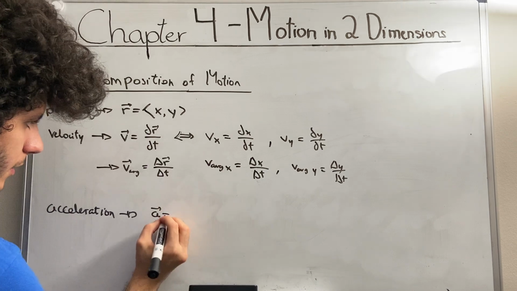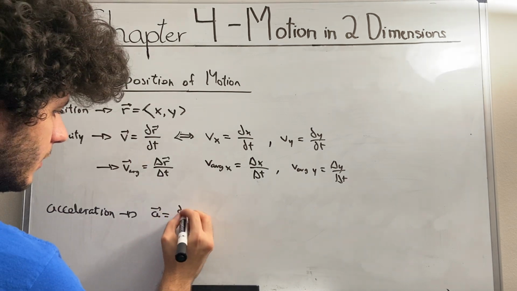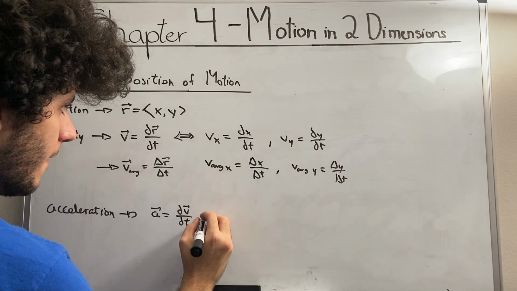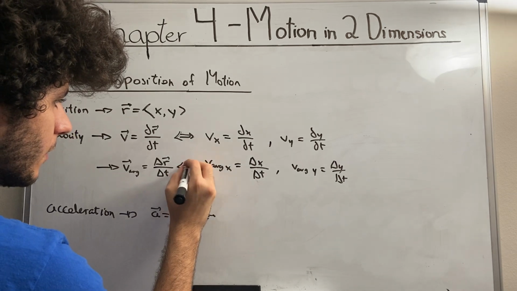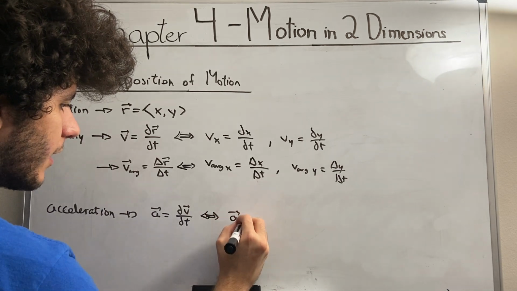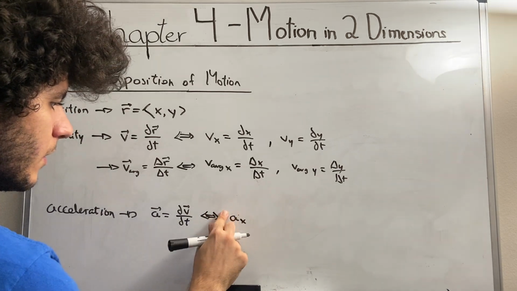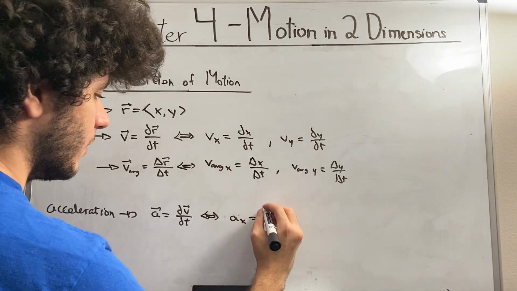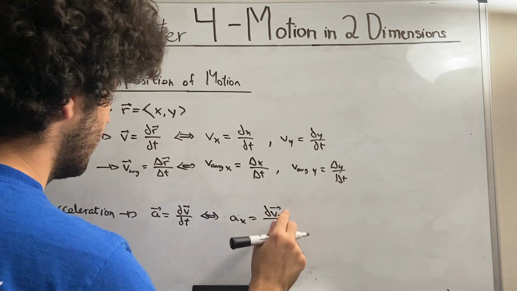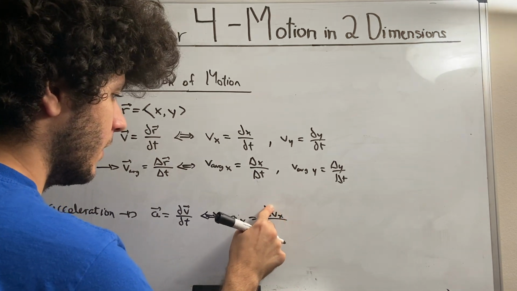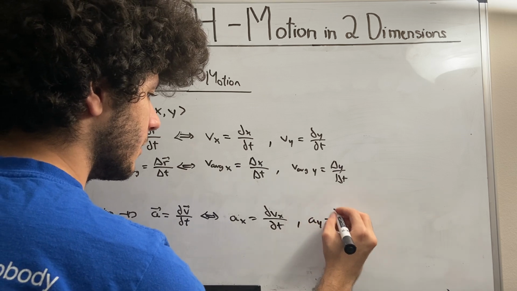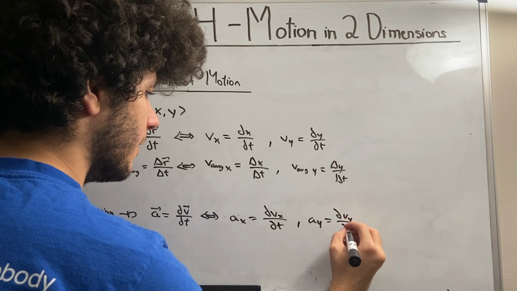We have a is equal to dv over dt, right? And we can rewrite that as a of x is equal to dvx over dt, comma, ay is equal to dvy over dt.